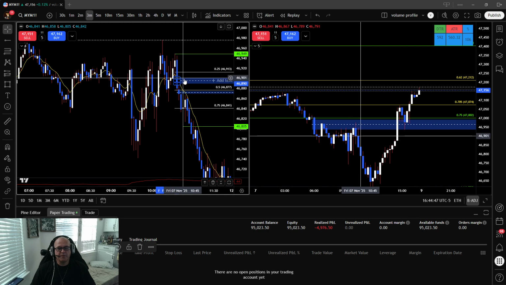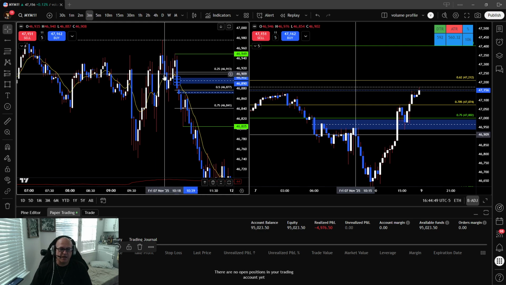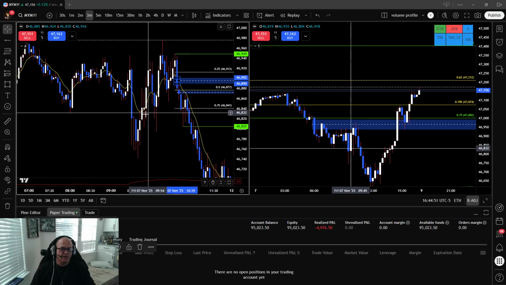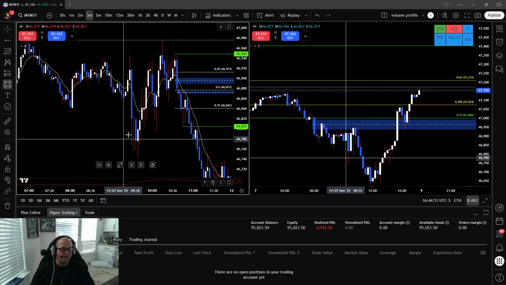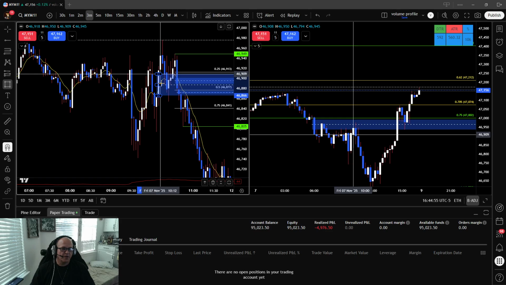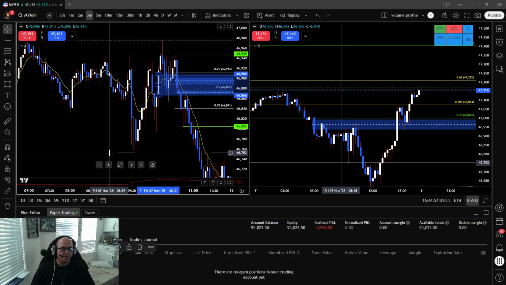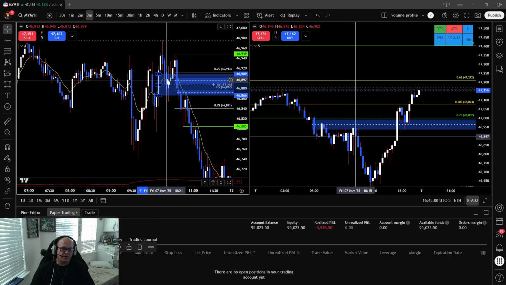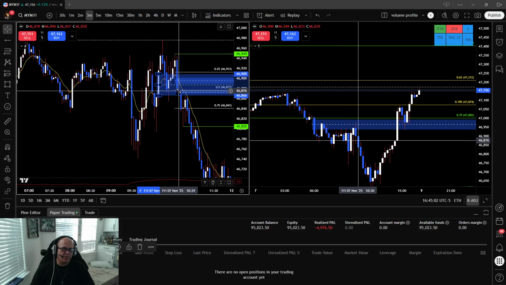And I would be marking my 3 minute fair value gaps out as price moves along. I also know that I have the bullish fair value gap right here.